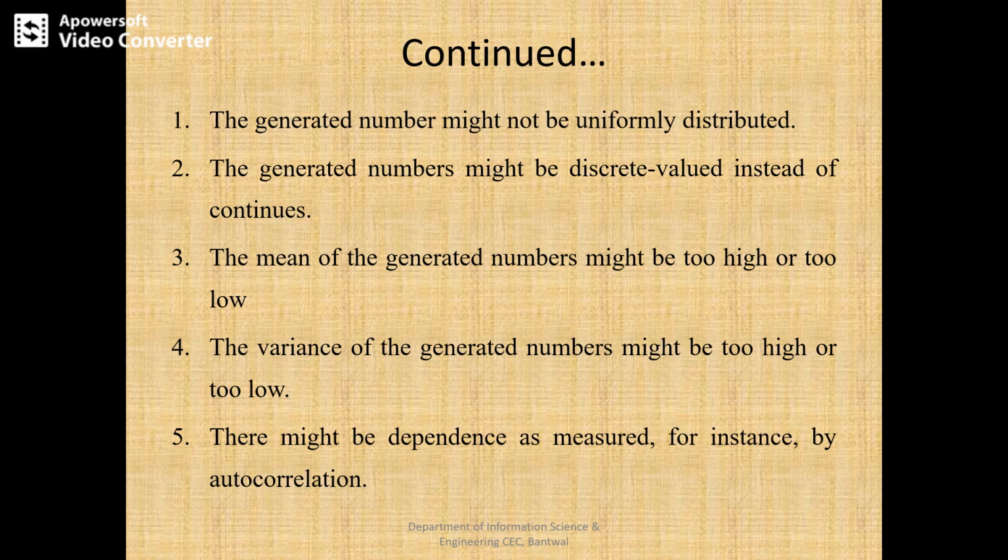The generated numbers might be discrete values instead of continuous. The mean of generated numbers might be too high or too low. The variance of generated numbers might be too high or too low. There might be dependencies, as measured, for instance, by autocorrelation.